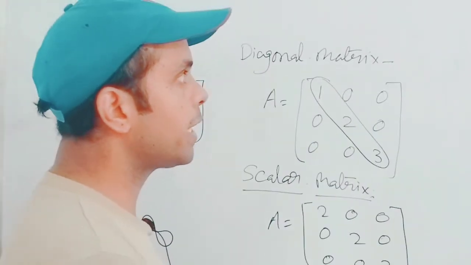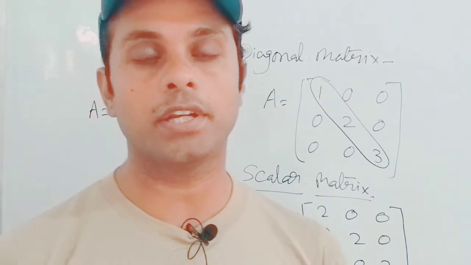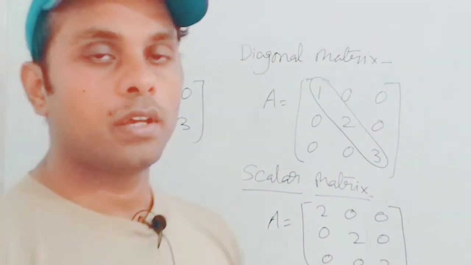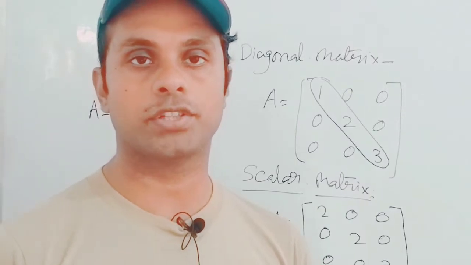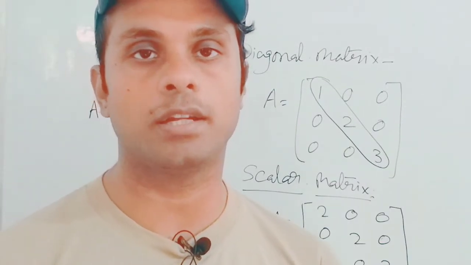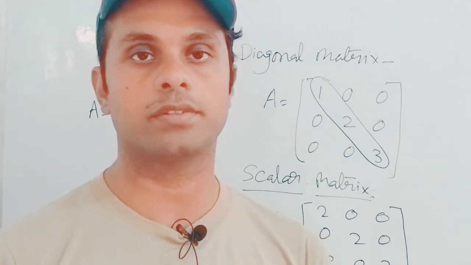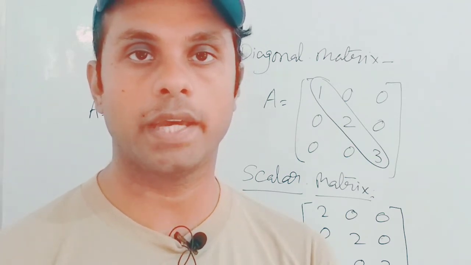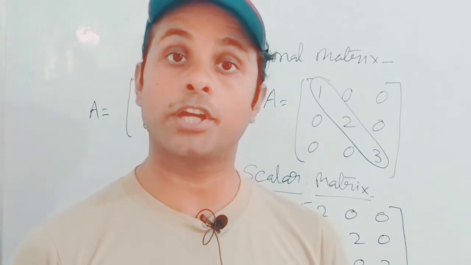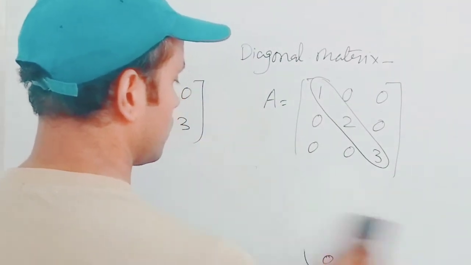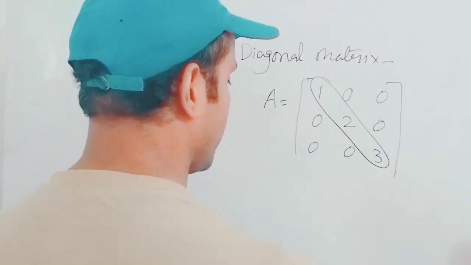Now what is next? Next is identity matrix. What is an identity matrix? A square matrix in which all the non-diagonal elements are 0 but diagonal elements are always equal to 1. They cannot be other than 1.